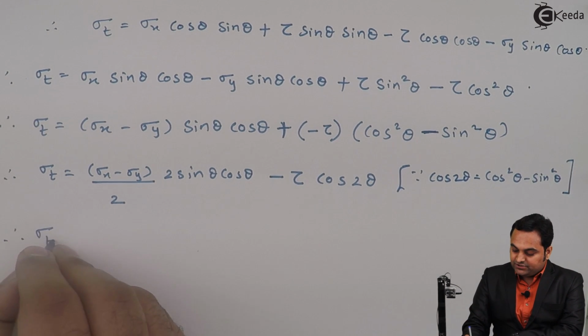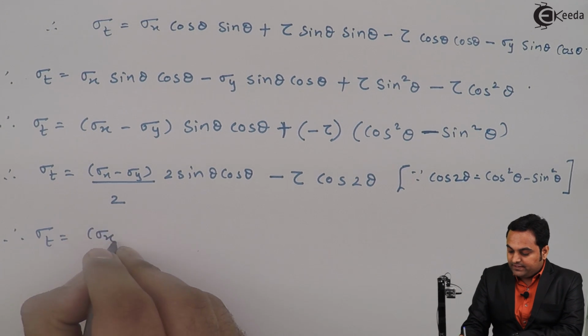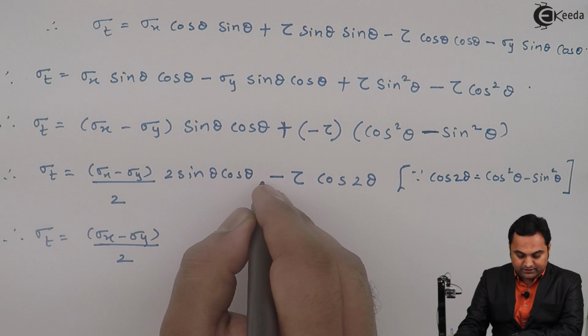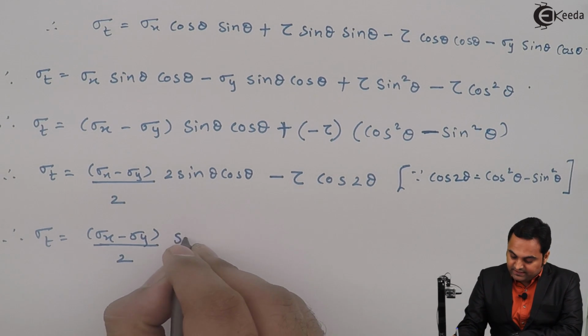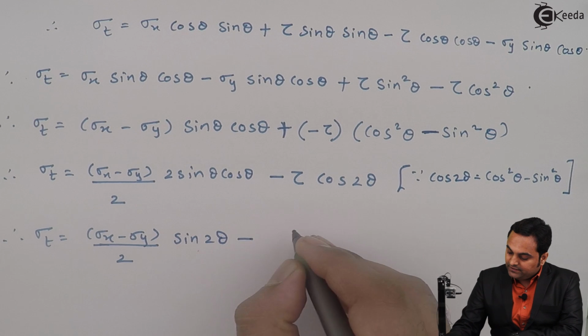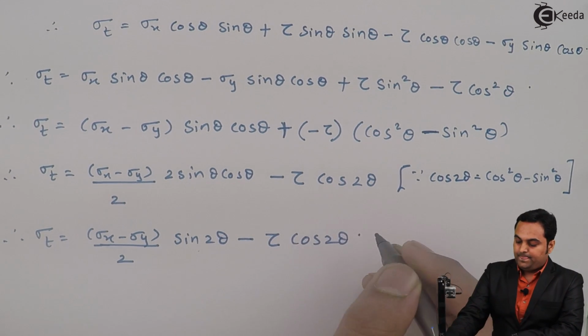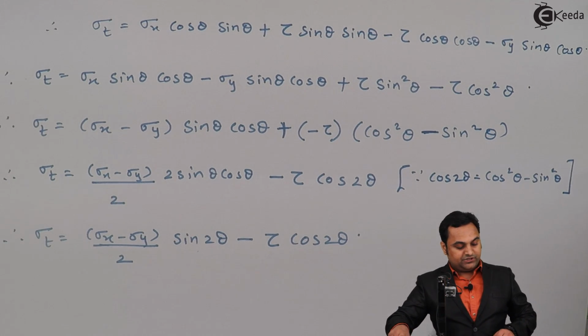Next, tangential stress will be equal to sigma x minus sigma y by 2. Here 2 sin theta cos theta, that is sin 2 theta, minus tau cos 2 theta. So I'll highlight this equation.